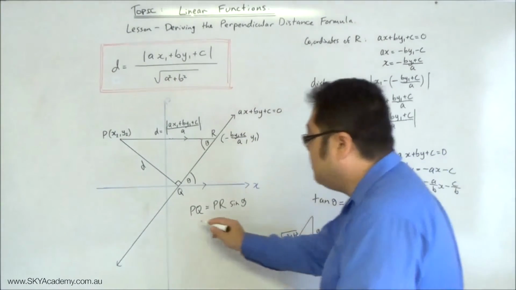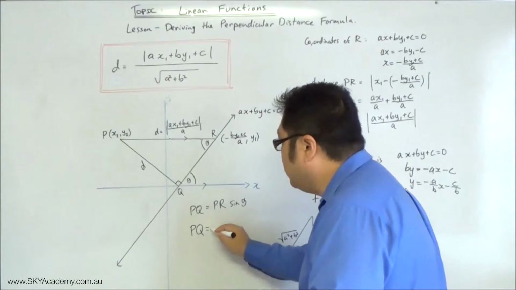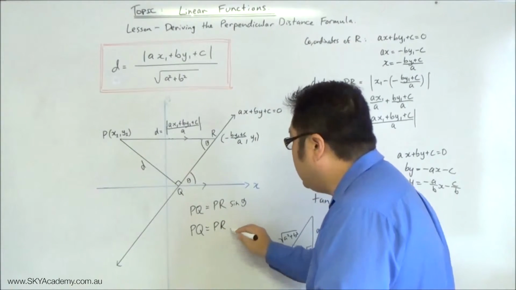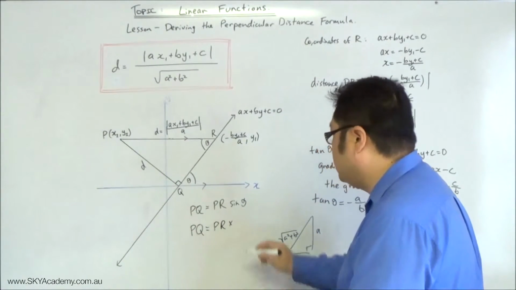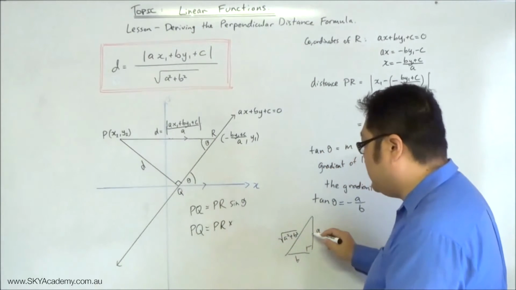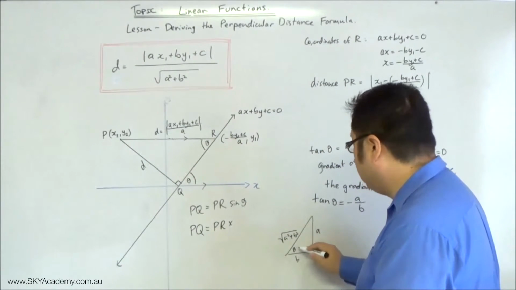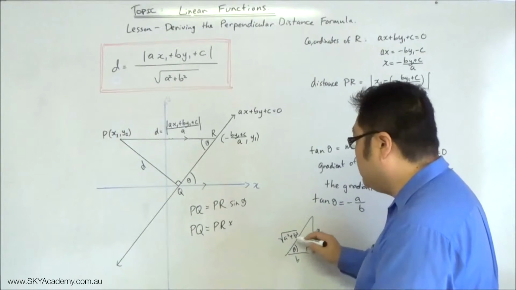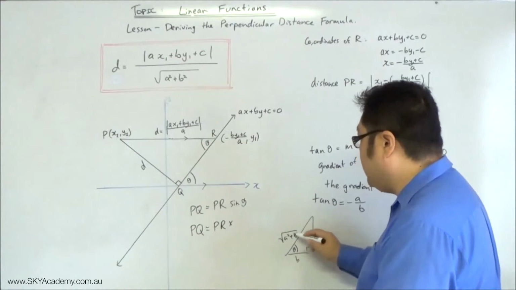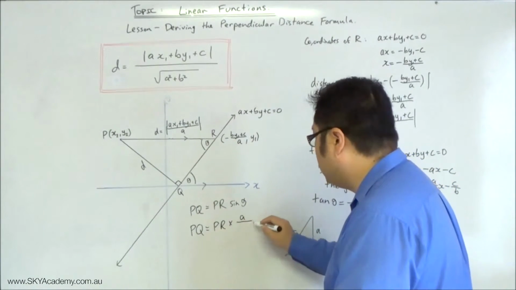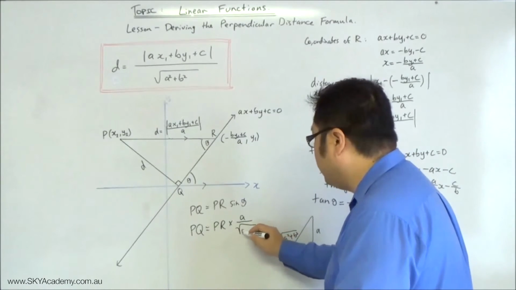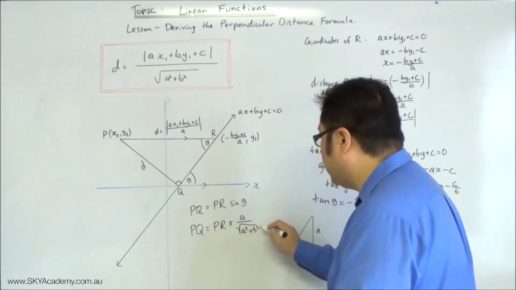So in other words, PQ is going to be PR times sine theta, which is a on the square root of a squared plus b squared.